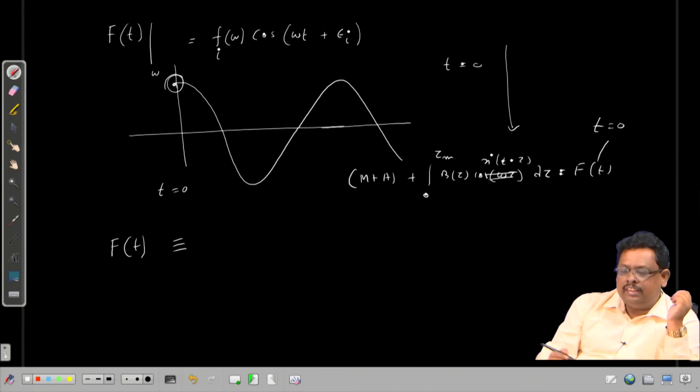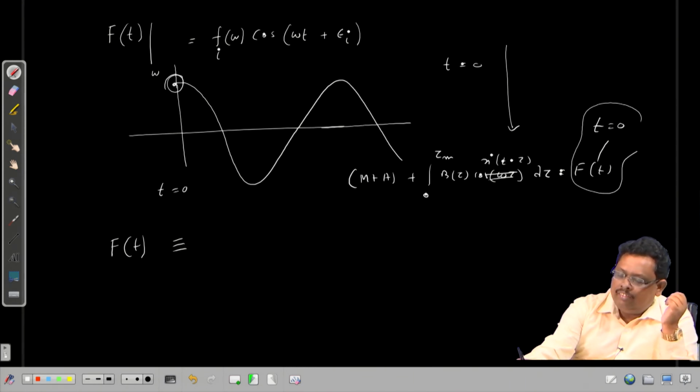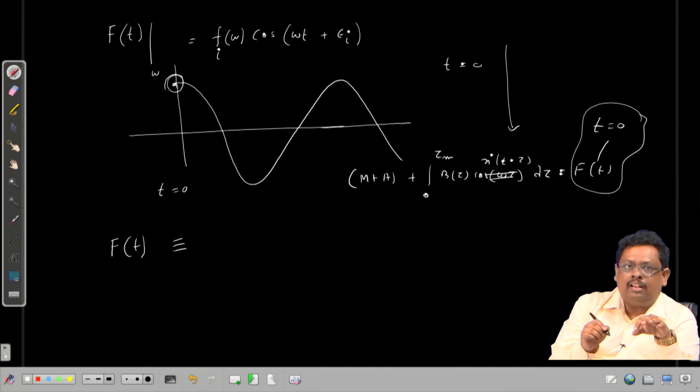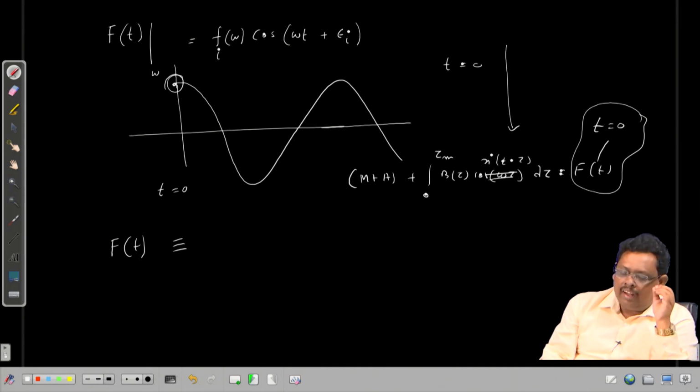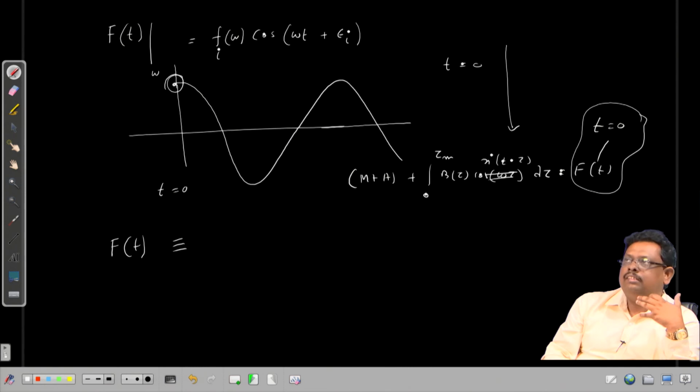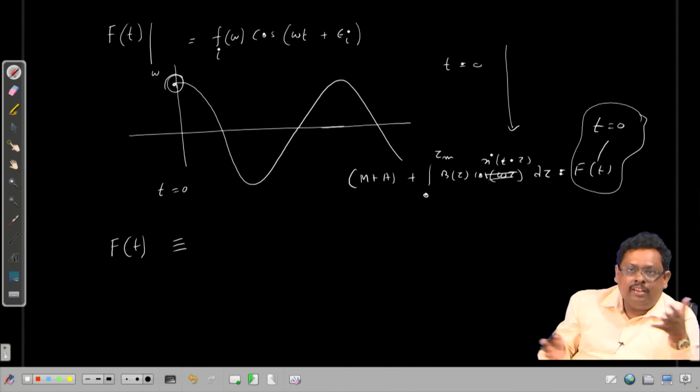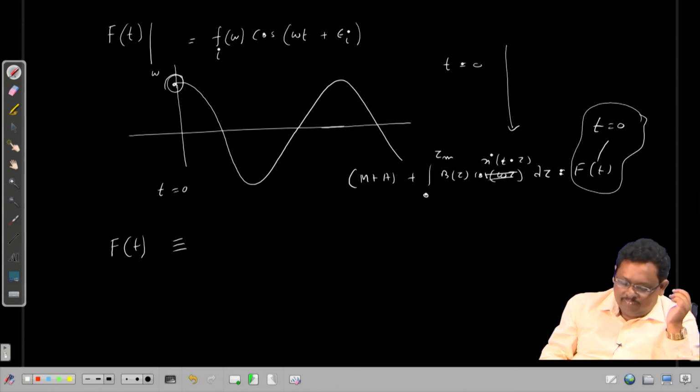If it is very large at the starting point, it might cause some problem, I mean we are not ready for it. Then how to write it? Normally we write it with the help of some kind of ramp function.